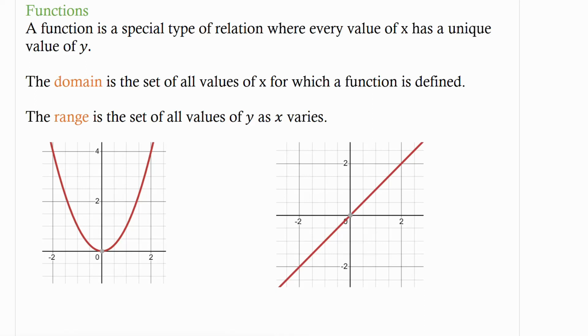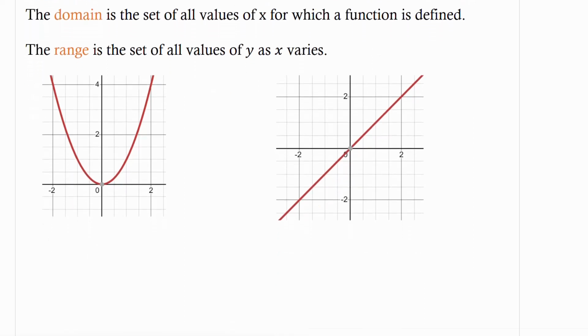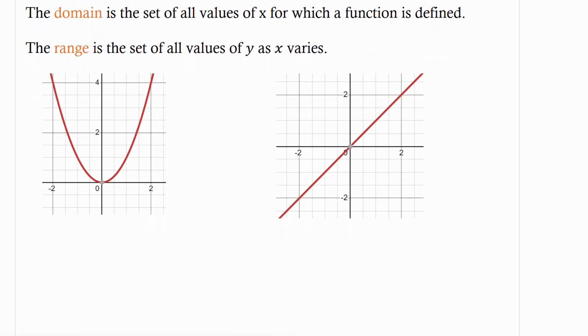Now, you may have heard of this before: the domain is all the sets of values for x. Whatever values this exists for, those are x values, and that's your domain. Same with range, but range is y. So we have two functions here. In this case, for our domain, we're looking this way and this way, because those are our x values.